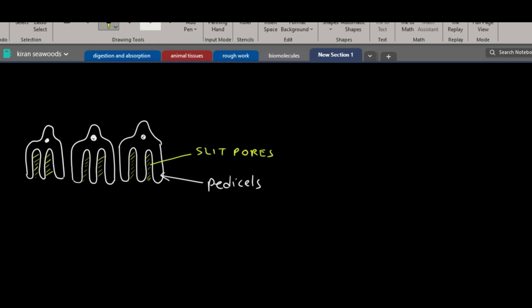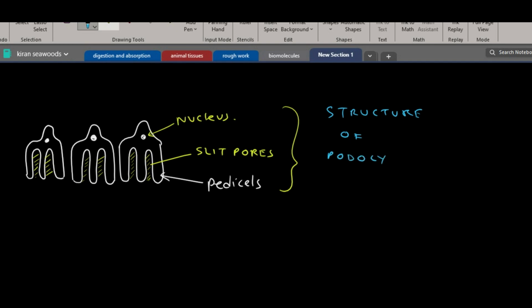And this one is the nucleus. So this is a typical structure of your podocyte. What are podocytes? Podocytes are modified squamous epithelium present in the visceral layer of your Bowman's capsule, and they help in ultrafiltration. Modified for ultrafiltration.